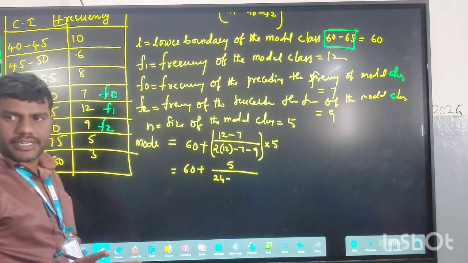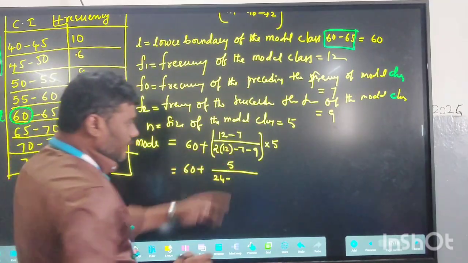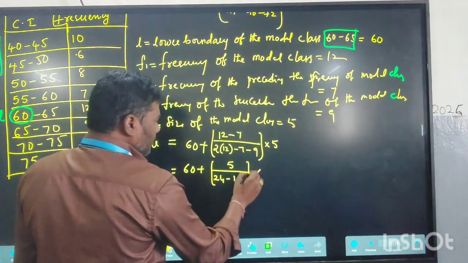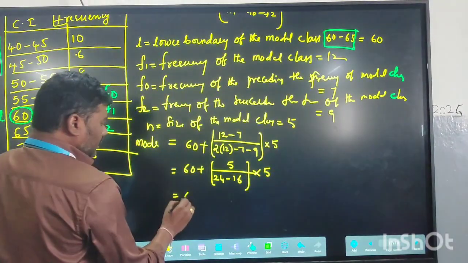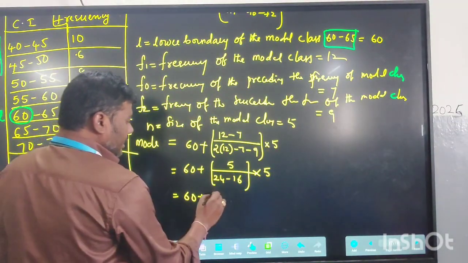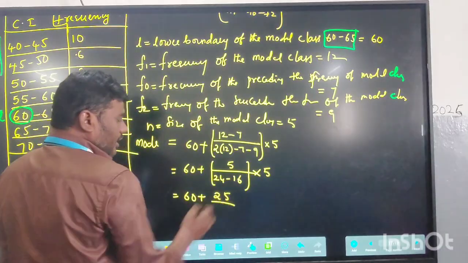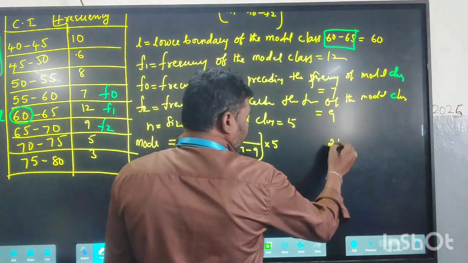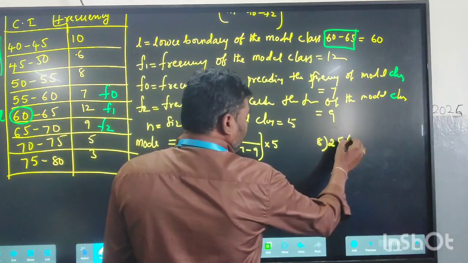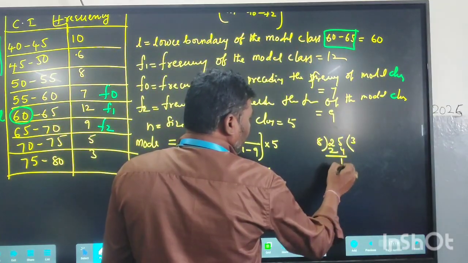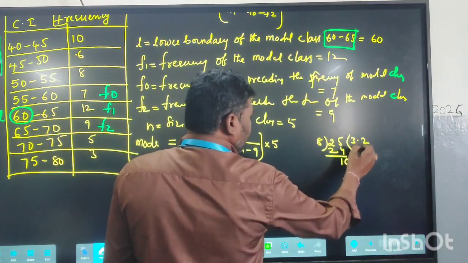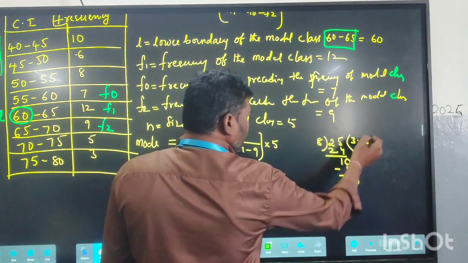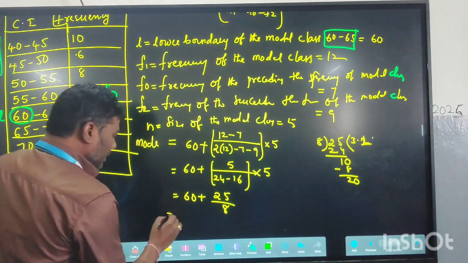Both are negative values, right? So addition only, minus value, we get minus 16, into 5. 5 fives are 25, divided by 24 minus 16, which is 8. So 25 divided by 8 gives 3.1.